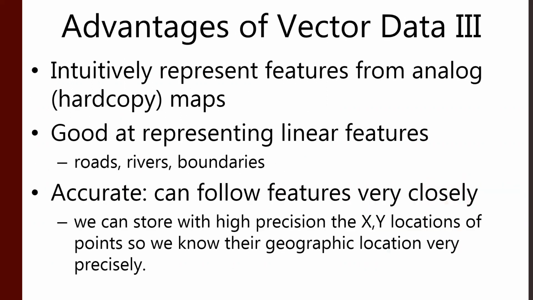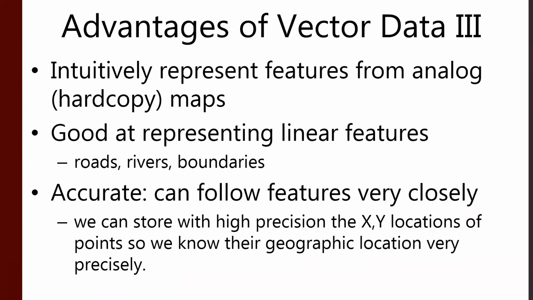Some other things to emphasize: it's really easy to reference hard copy maps with vector data because they are often shared in the same kind of creation. If you remember Roger Tomlinson, digitizing those maps, turning maps into digital lines, there it is.